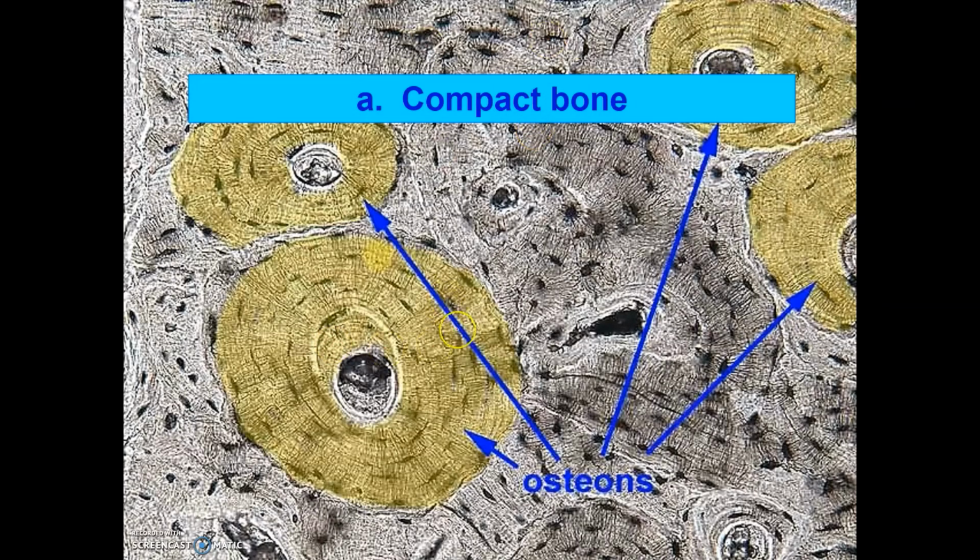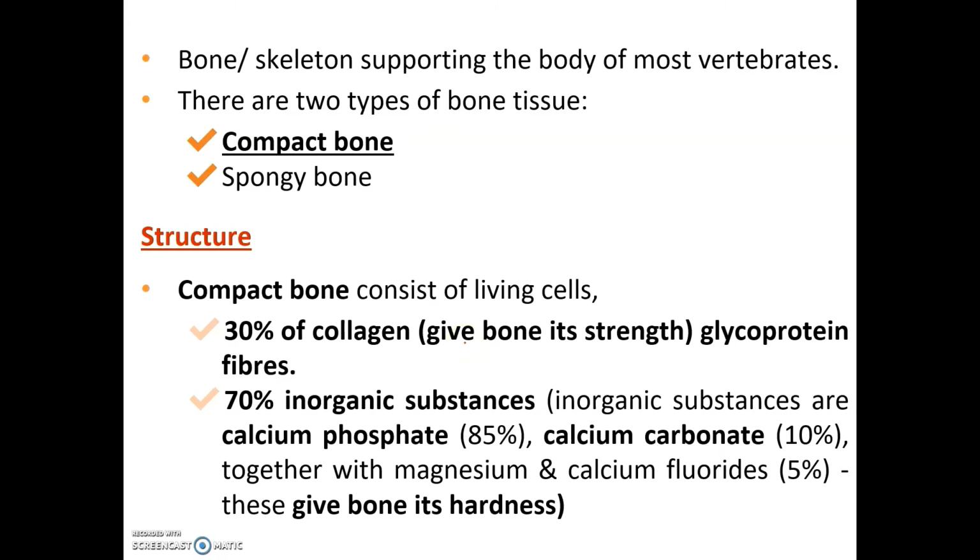So first, compact bone. Basically we have two types of bone tissue. First is the compact bone, second is the spongy bone. Okay, so we are looking at the compact bone here. Compact bone consists of 70% inorganic substance such as calcium, magnesium, calcium carbonate, and so on.